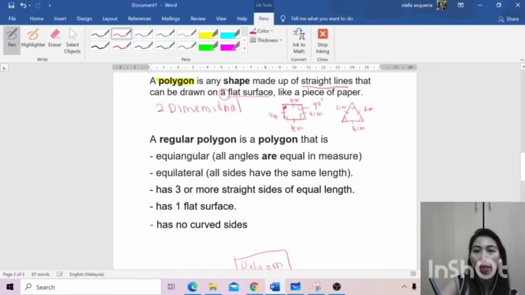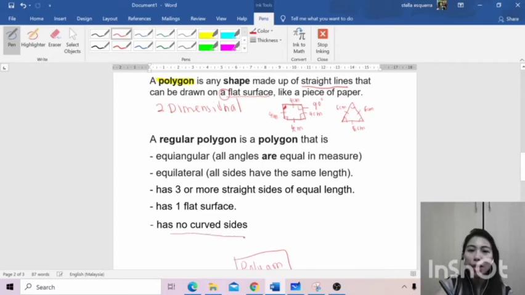So this is a polygon, with three sides: 1, 2, 3. Less than 3, like two sides only, cannot. So it must be three or more. And one flat surface, which I said is two-dimensional.